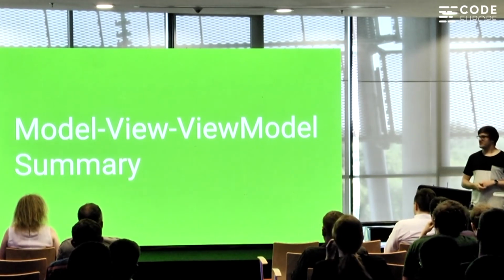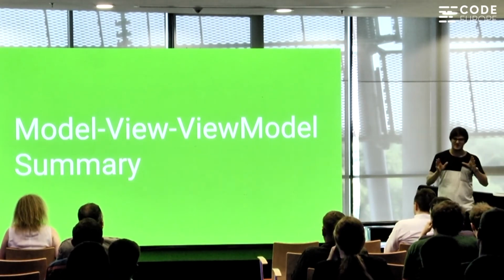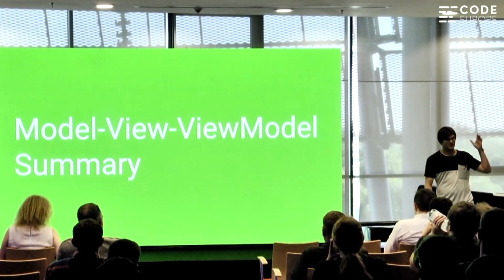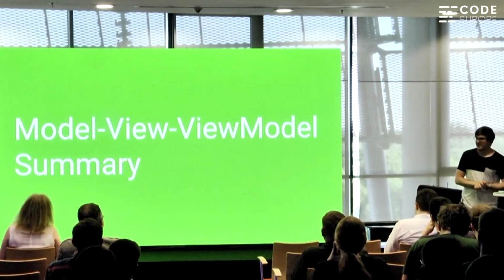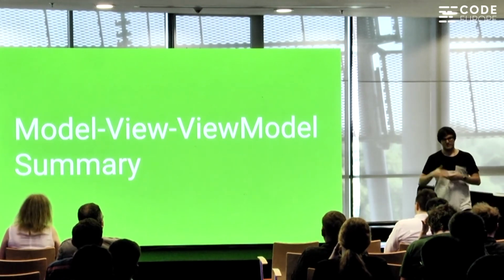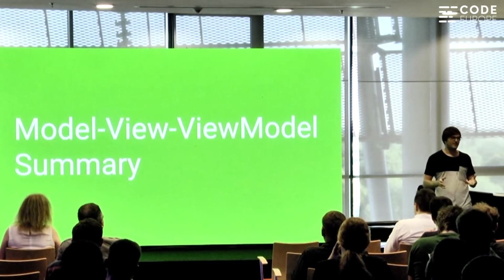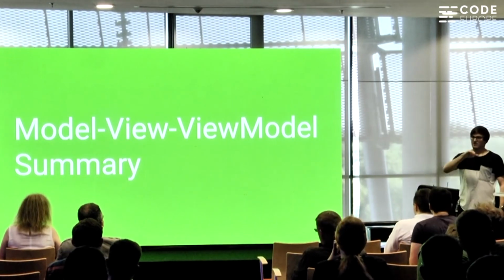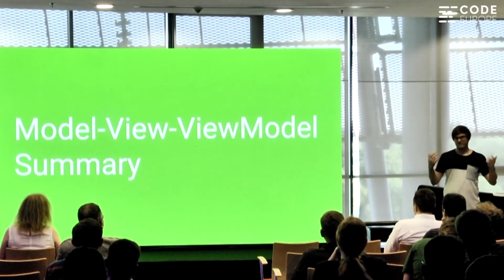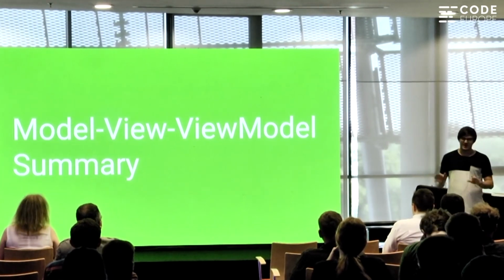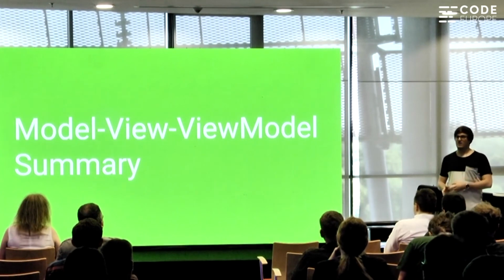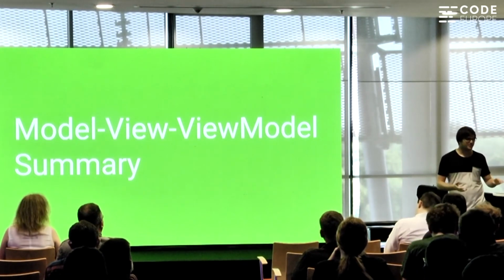But now for a short summary. Basically the view model is the middleman between the view and the model. The view is then automatically updated with data from the view model by using data binding. Commands in your view model are called on view events like clicks. The view model can also call commands on the view if necessary.